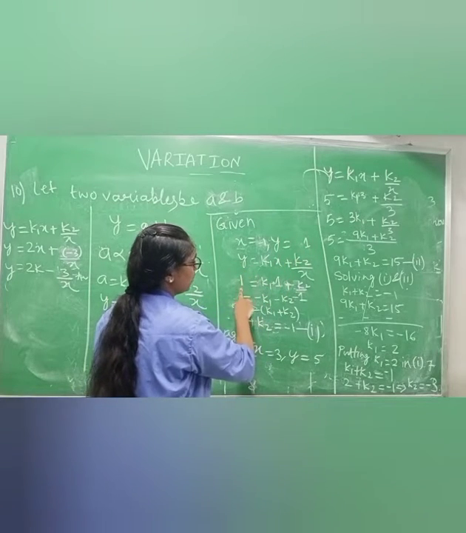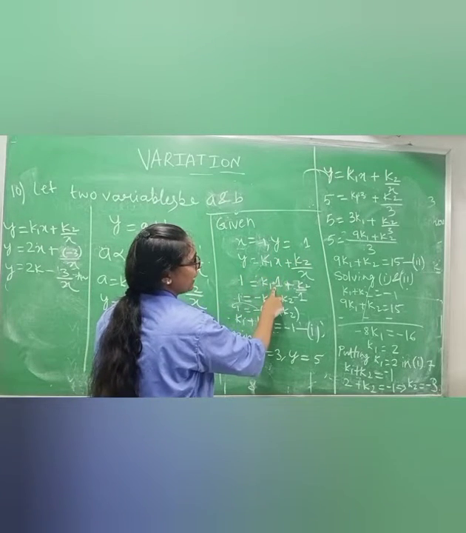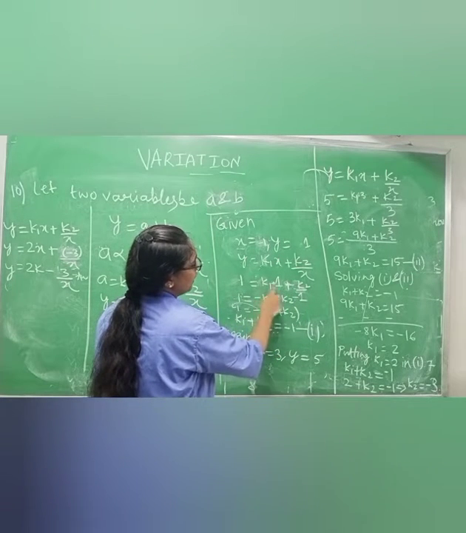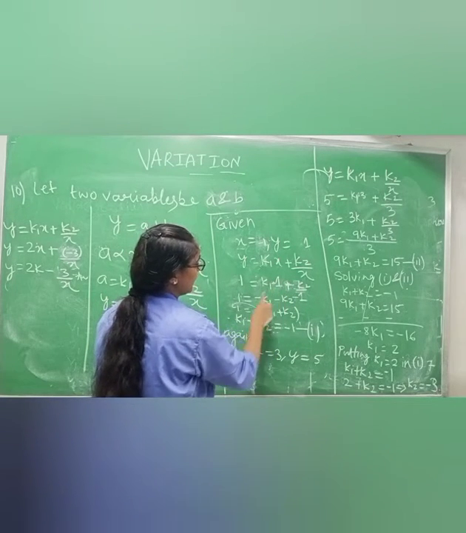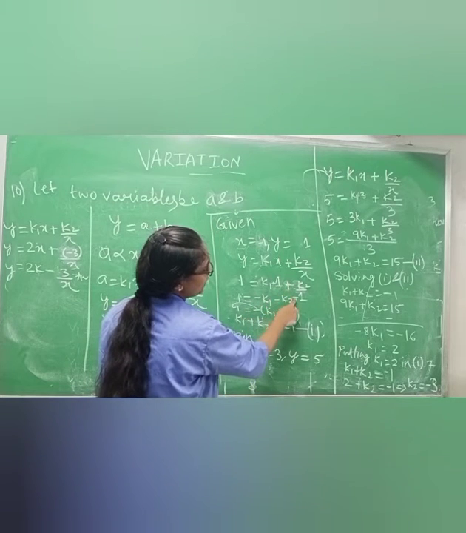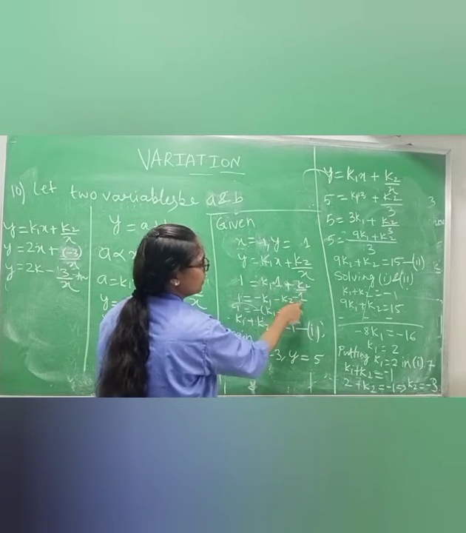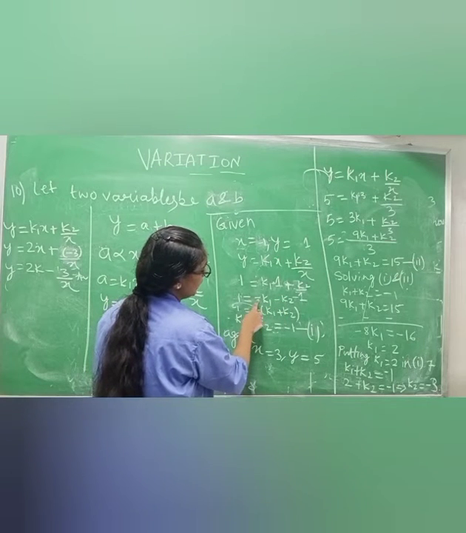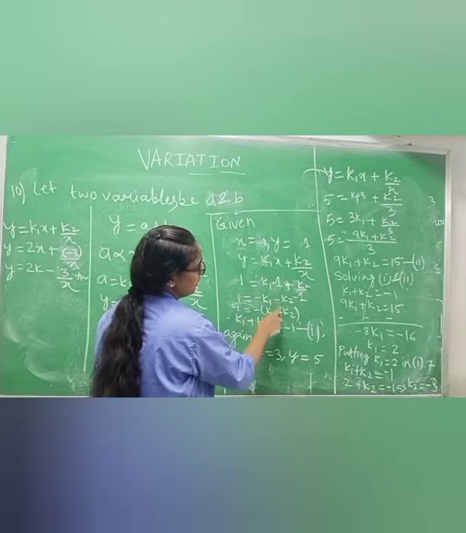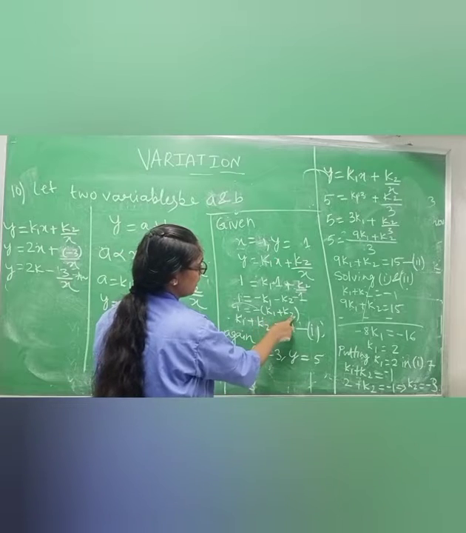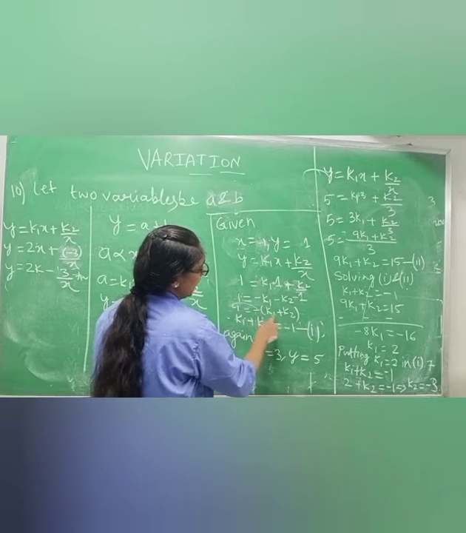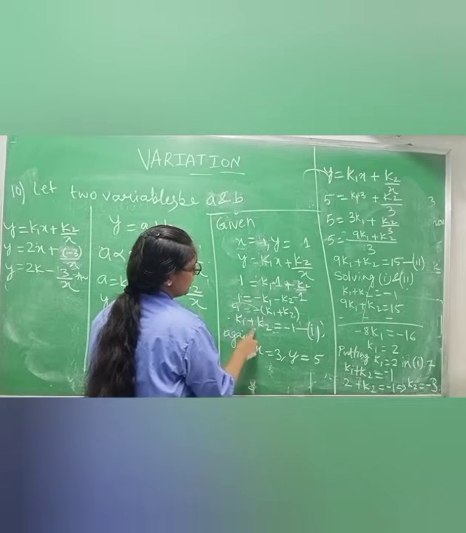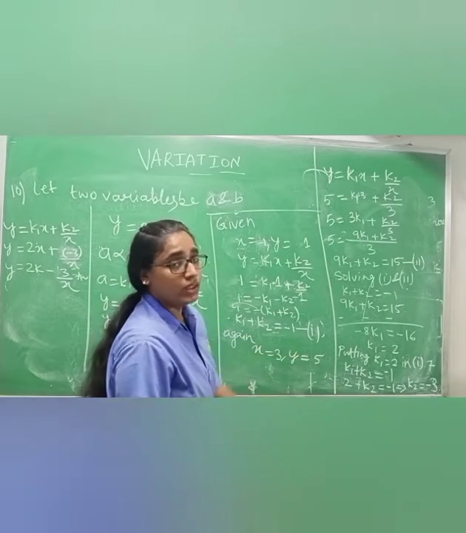Then k1 into -1 gives minus k1, and minus k2 by 1 is minus k2. Taking minus common, the sign changes and it becomes plus: minus in bracket k1 plus k2. Now this minus sign comes to this side, and it becomes k1 plus k2 equals -1, equation 1.